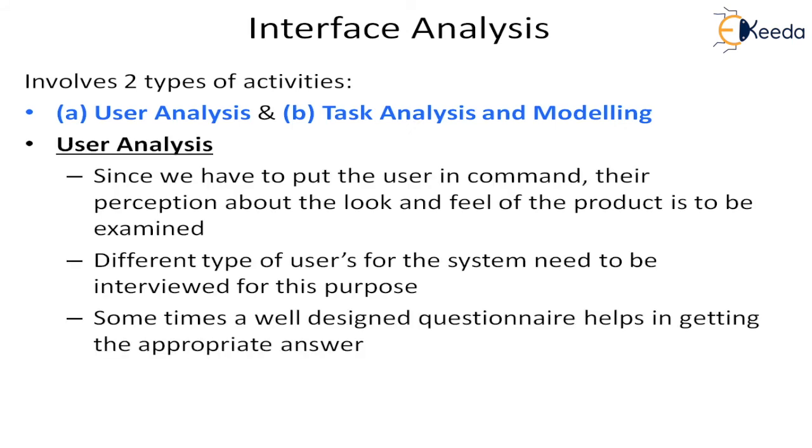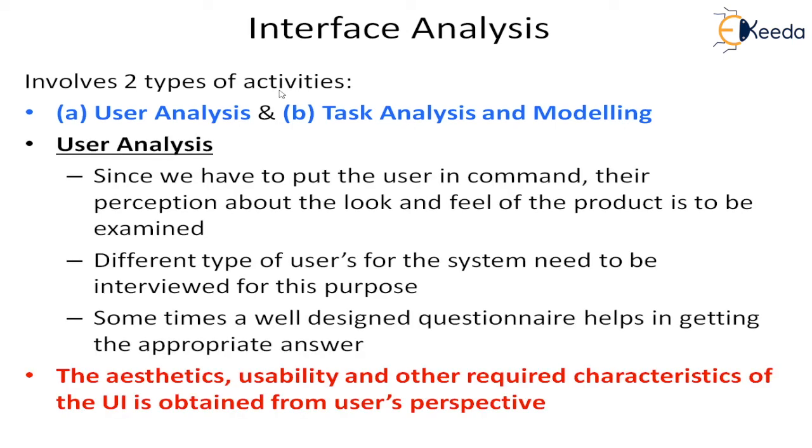So we come to the first task. It is divided into two parts, the user analysis and the task analysis. One is the user who is using it, and the other is the task that he is going to perform. When you do the user analysis, we try to get the psychological or human factors.